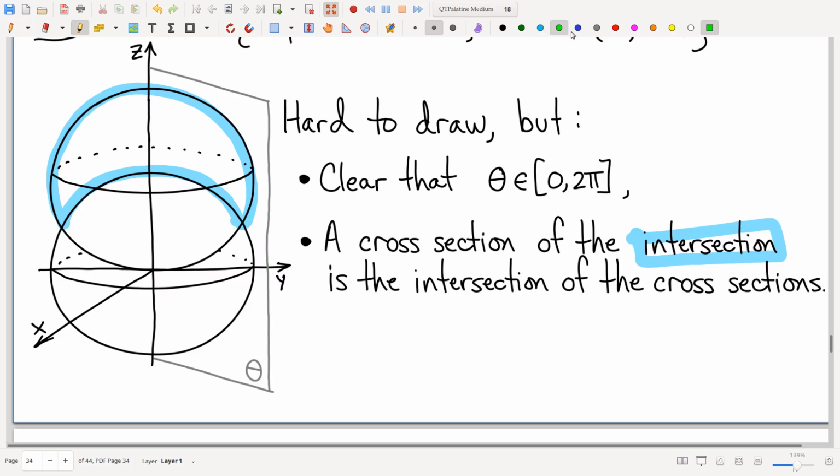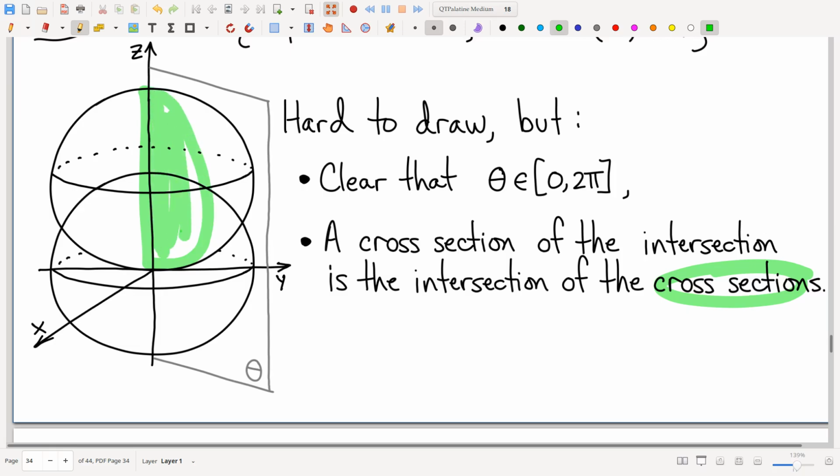If you want to take cross sections of this intersection, I make the, I hope, believable case that I can look at the individual cross sections. I can look at, for example, a cross section of the top ball, and that's easy. That's just half a disc.